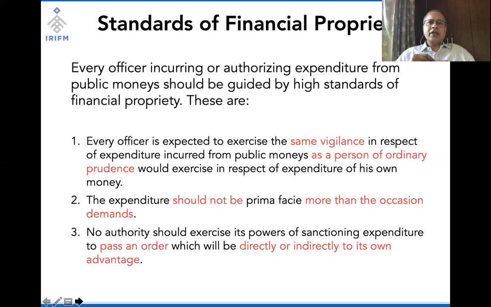The second canon of financial propriety is that the expenditure should not be more than what the occasion warrants. What does this mean? If I have to hold a dinner at my home for people of equal stature as me, I would give them the reception that a person of such stature warrants.